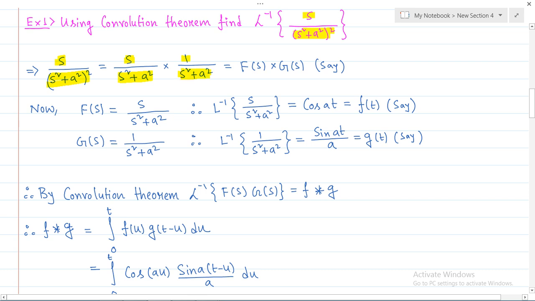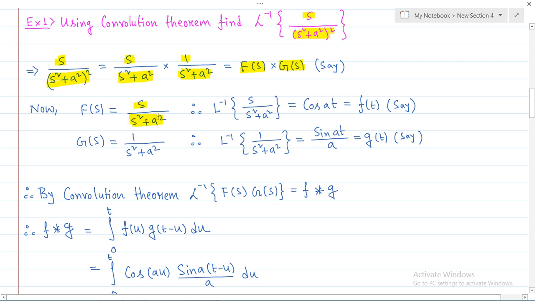These two functions we call F(s) into G(s). Again I am saying it is not necessary that s by a square plus a square you have to take as F(s) and 1 by a square plus a square as G(s). You can swap the functions also, but the answer will not change, as convolution is always commutative. Now what is our F(s)? As per our assumption we have considered F(s) as s by a square plus a square.